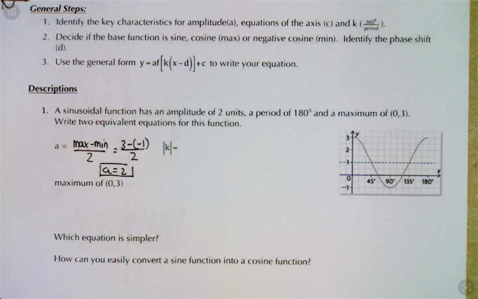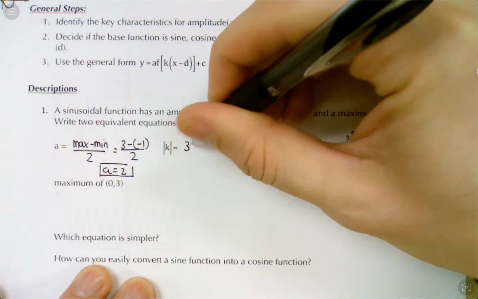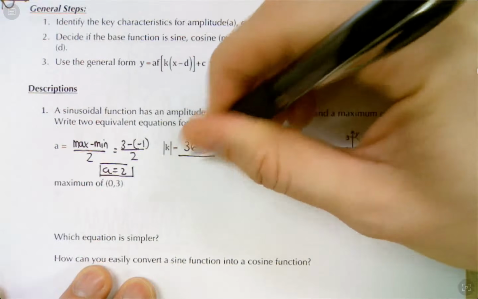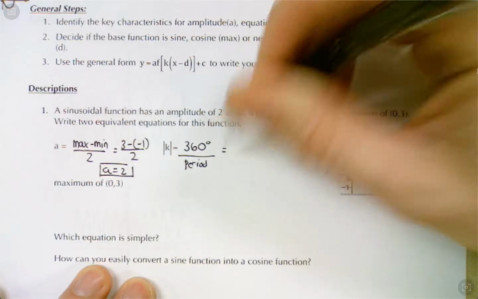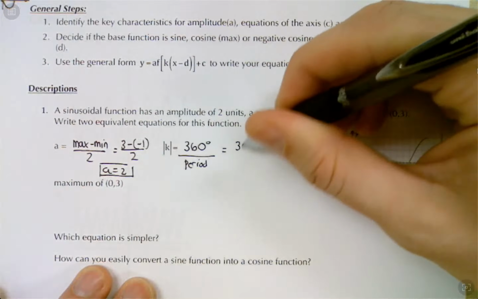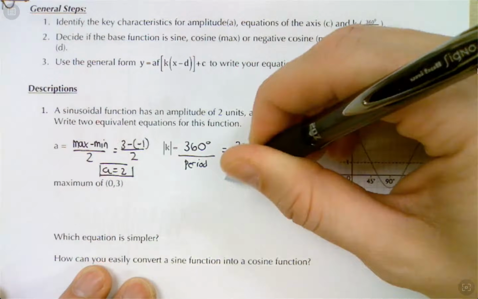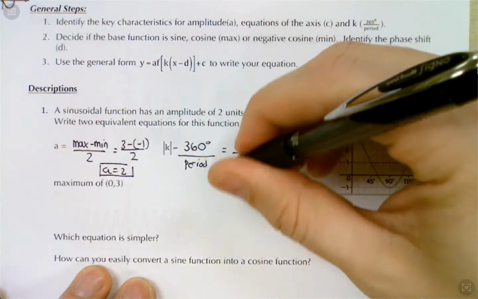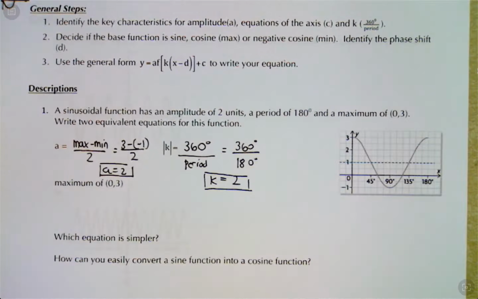So we do have a period of 180, and if we want to find the k value, we would do 360 divided by the period. In this case, the period is 180. So we have a k value of 2. So now we've got A, K, and C.